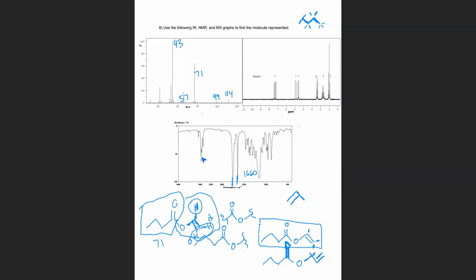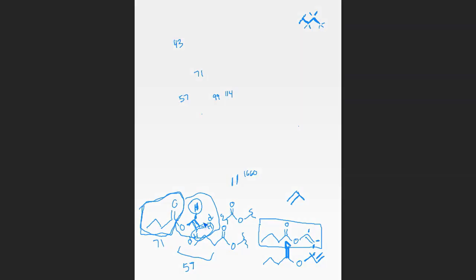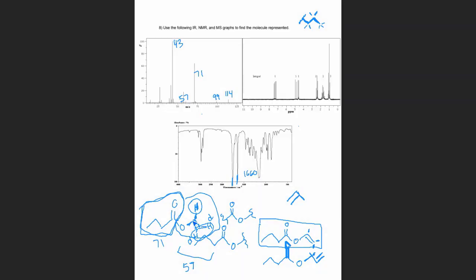Since we already know what this was, and we were really trying to figure out the right side, it would have a 57 weight. And so you would need to use HNMR to figure out how that double bond is laid out.